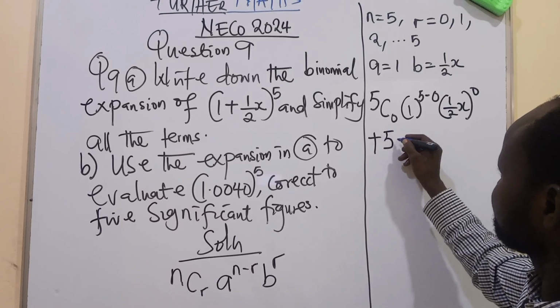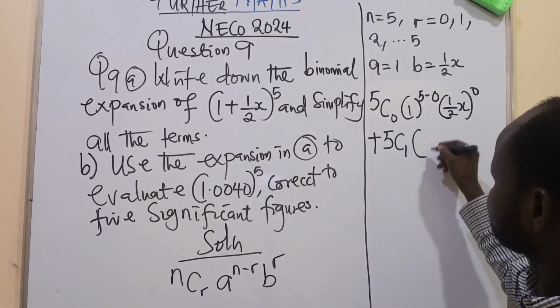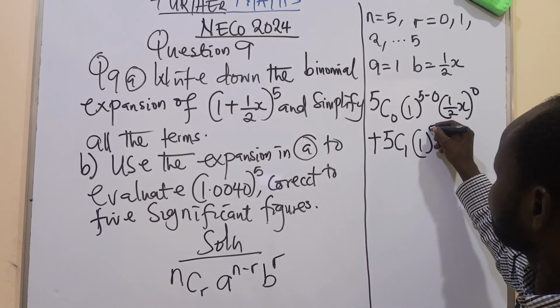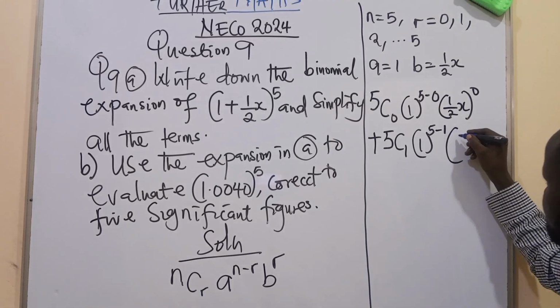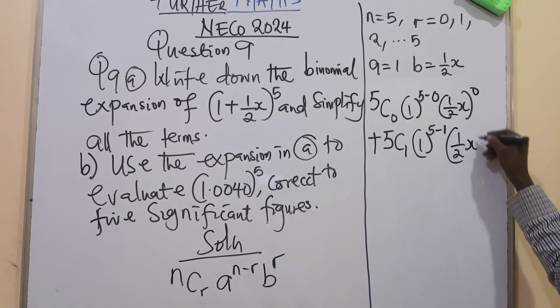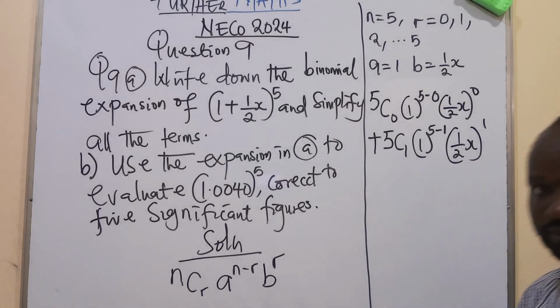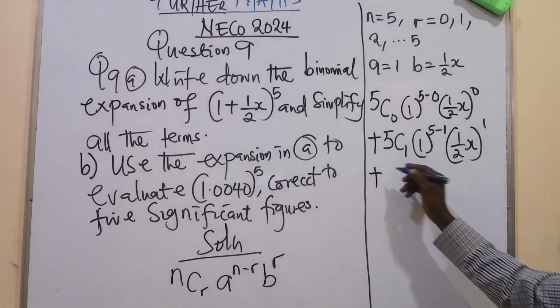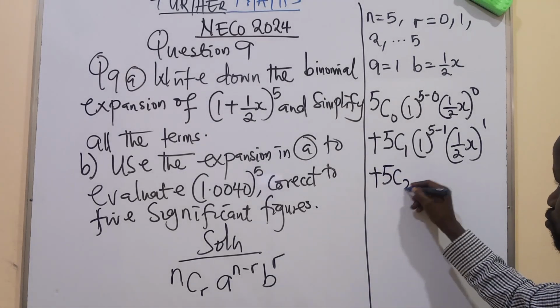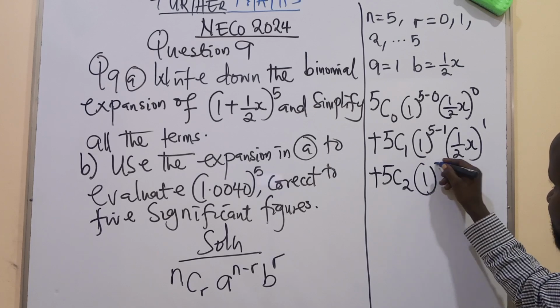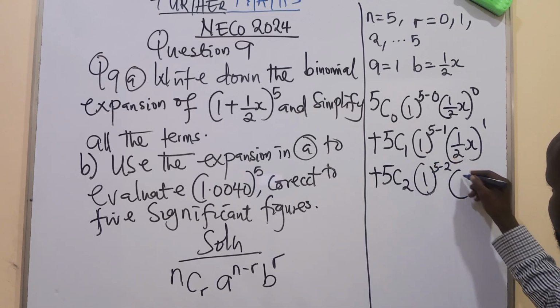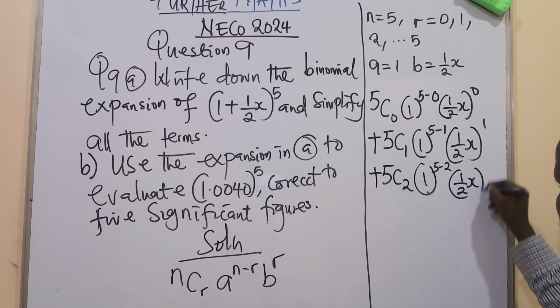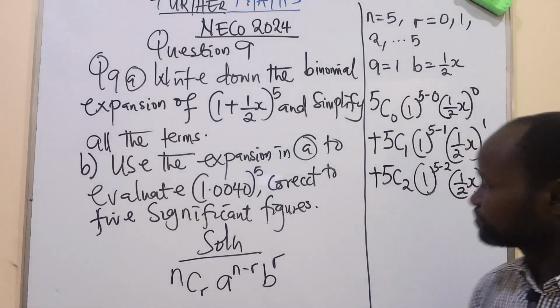That will be 5 combination 1 times 1 to the power 5 minus 1 times half of x to the power 1. Next, when r is 2, that will be 5 combination 2 into 1 to the power 5 minus 2, then half of x to the power 2.